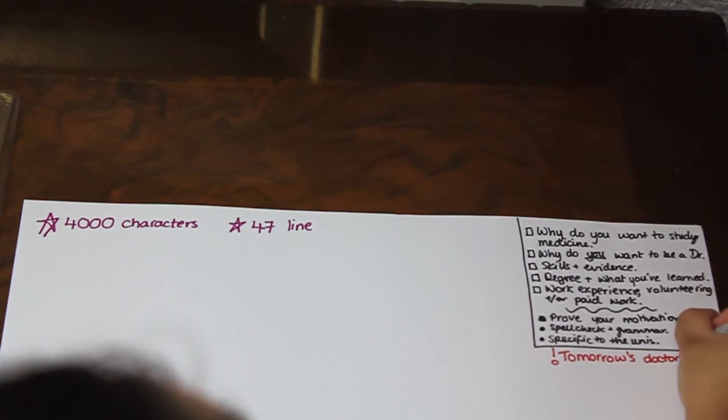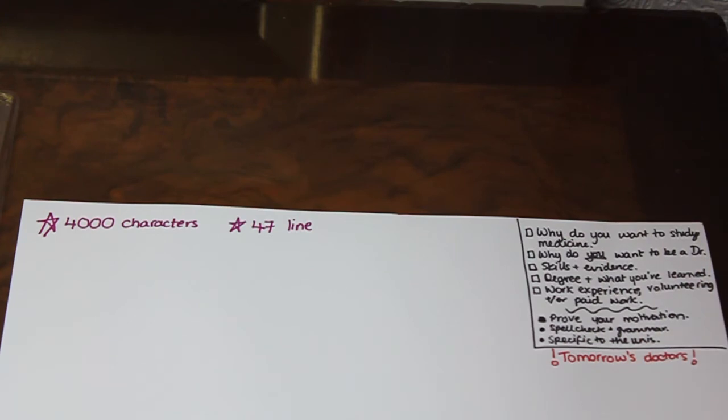So check that out, because that's really useful, and it will give you lots of buzzwords and phrases that you can use in your personal statement to help prove that you know what being a doctor is all about and why you want to do it, and that you've got the right reasons and the right motivation for applying to medicine.